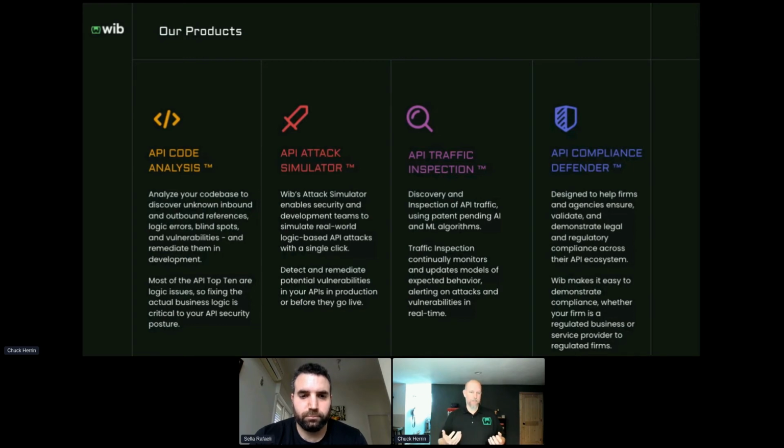As much as I want to share and nurture the open source community, this space is so immature and the gaps are so pervasive among militaries, government agencies, critical infrastructure, banking, finance, all of these industries. To Sella's point, we're pretty far ahead of the curve with the attack simulator, and I don't want to just hand out bazookas to everybody that can pick up a bazooka, because not everybody is equipped to deal with them yet.